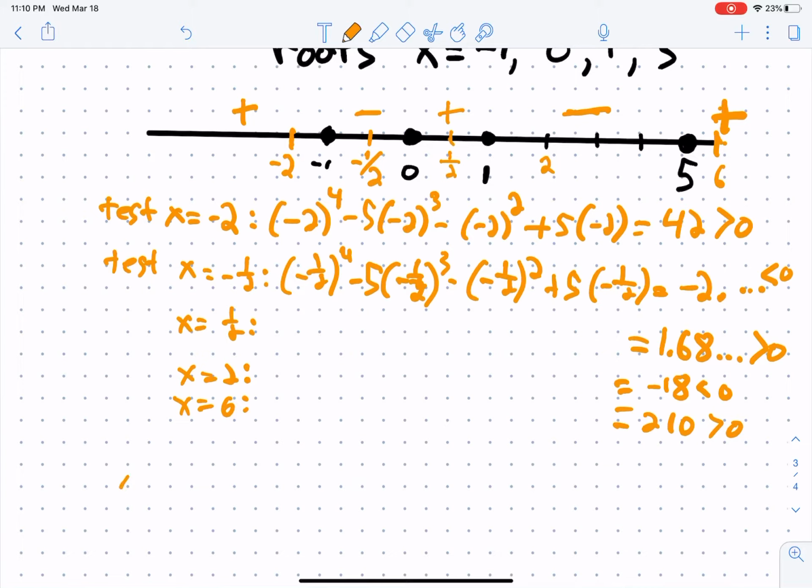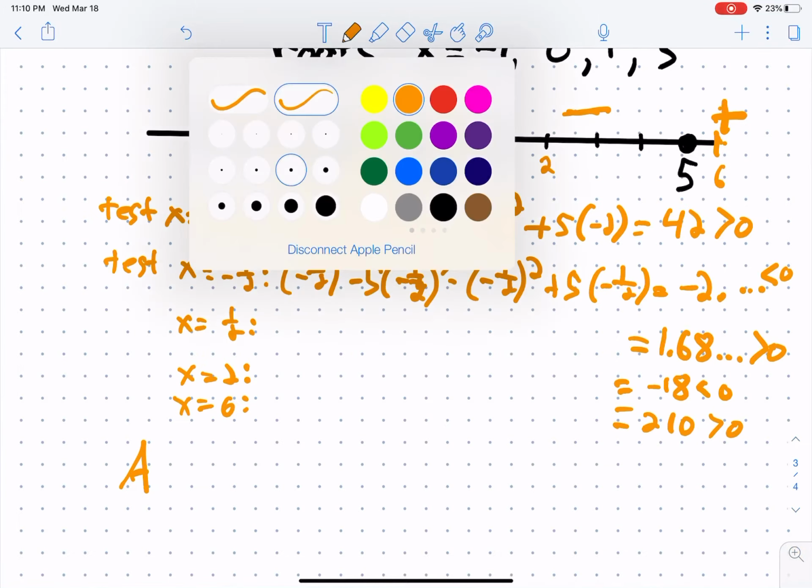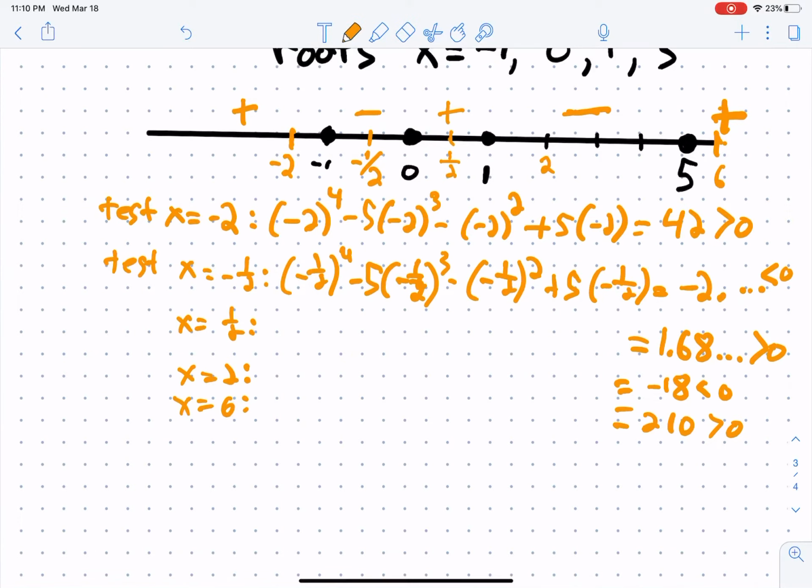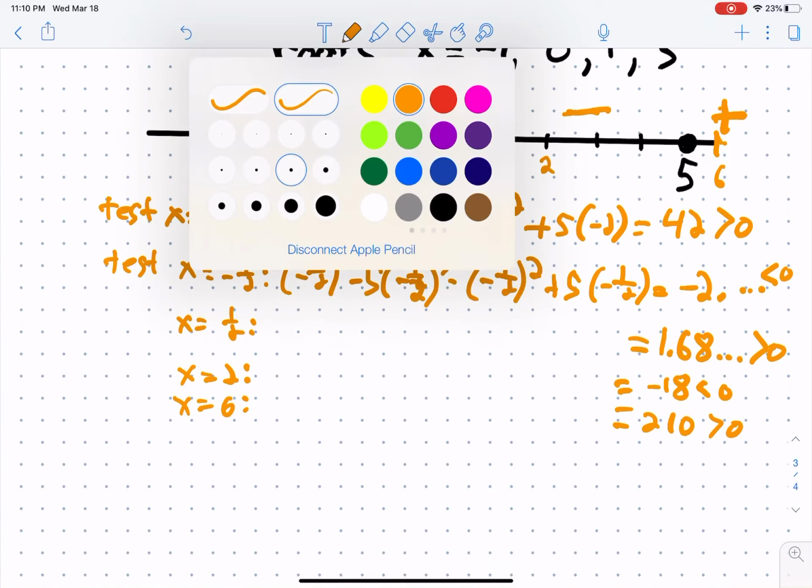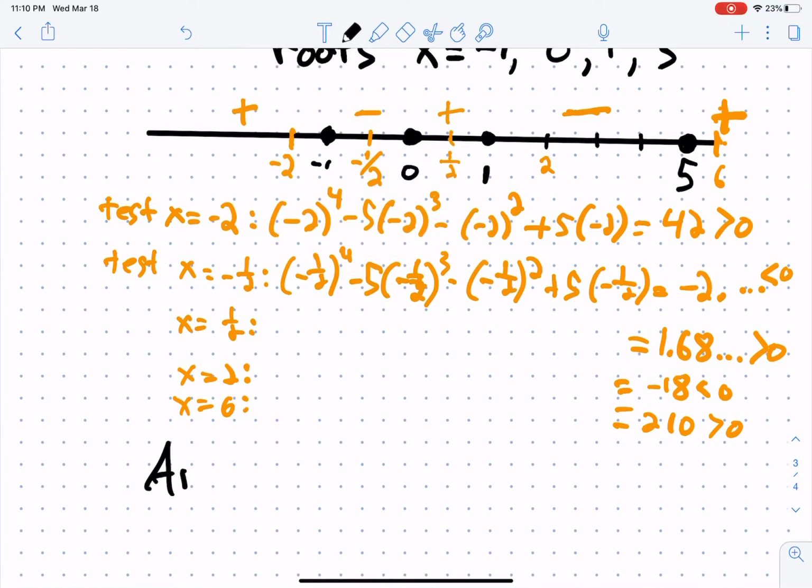Let's go ahead and do this here. Here's our answer. We begin by -infinity up to -1, and notice I put a round parenthesis because that number -1 is not included in my answer.